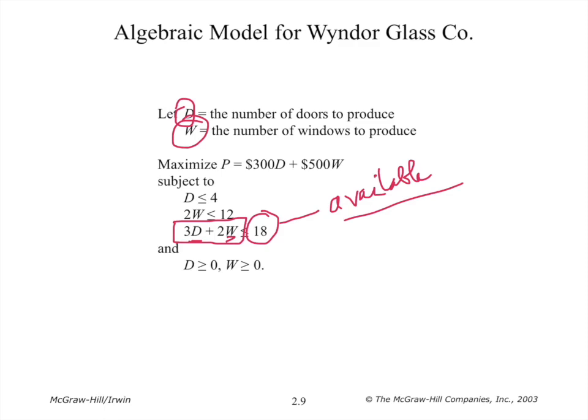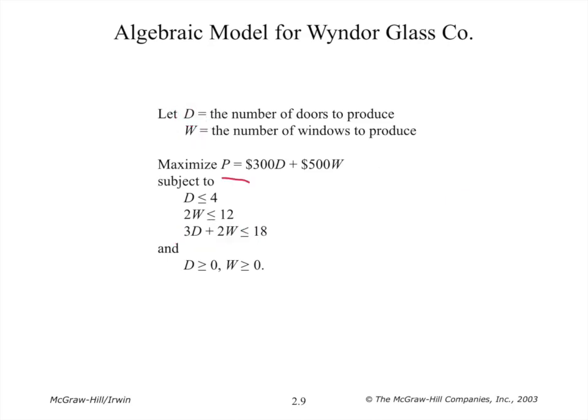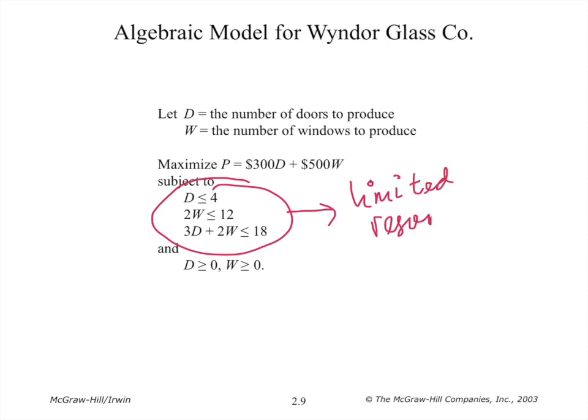That is the available resources. So the subject here is to model our limited resources that we use to produce the products, doors and windows.